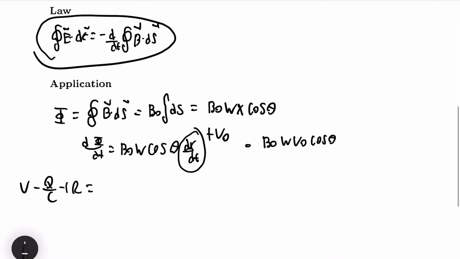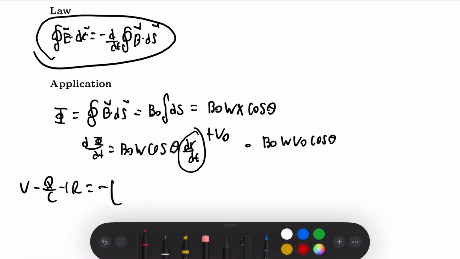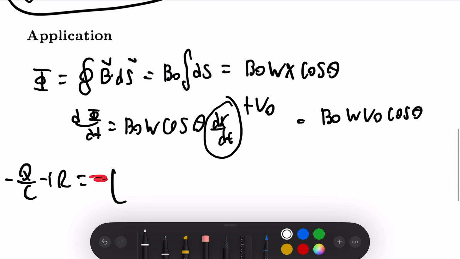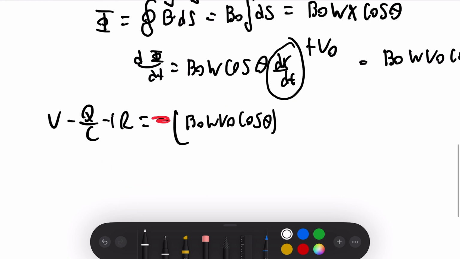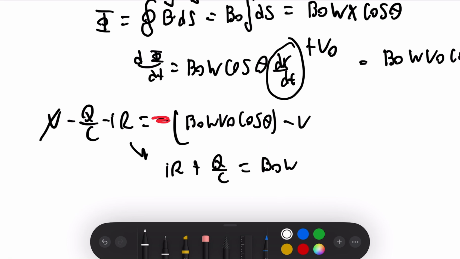And this is equal to negative, negative from the law. Cannot forget this negative. Negative B naught w v naught cosine theta. And then I'm going to move the v to the other side. If I move v to the other side, I will get negative v. So I'm going to just divide by negative on everything. So I would get IR plus q over c equals B naught w v naught cosine theta plus v.